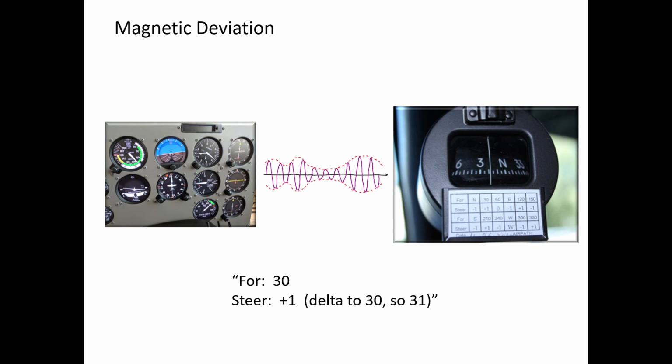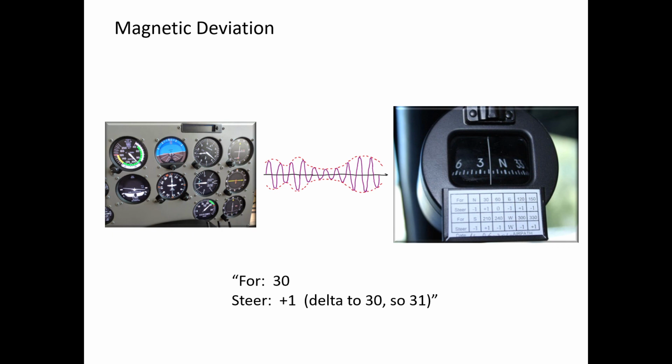I've got a picture of that on the screen. On the bottom part of this compass, you see the person that installed the compass, the mechanic that put the compass in the aircraft, did a deviation study with the avionics and determined that if you're going to fly some of these directions, for example, 30 degrees, if we're going to fly to the northeast at a heading of 030, you're going to actually have to steer 1 degree to the right for it to actually be an accurate magnetic direction.